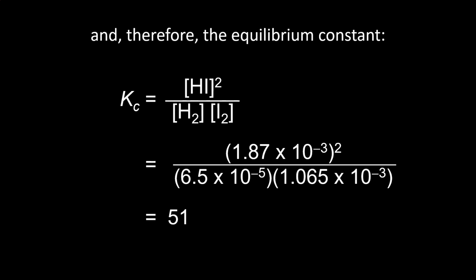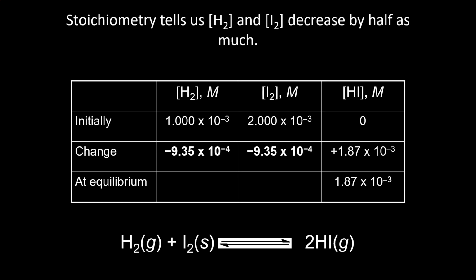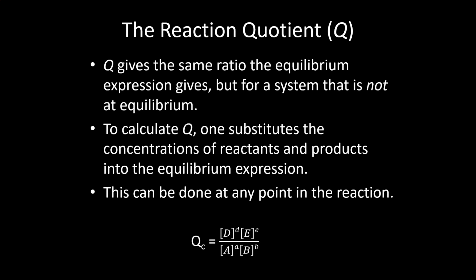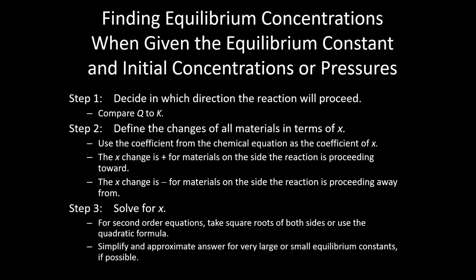If you are given an equilibrium concentration, you should know how to do this. The alternative is the next thing that we talk about, which is if you're not given an equilibrium concentration, but you are given the equilibrium constant. You should know how to do this as well, because you will be doing it on the exam.